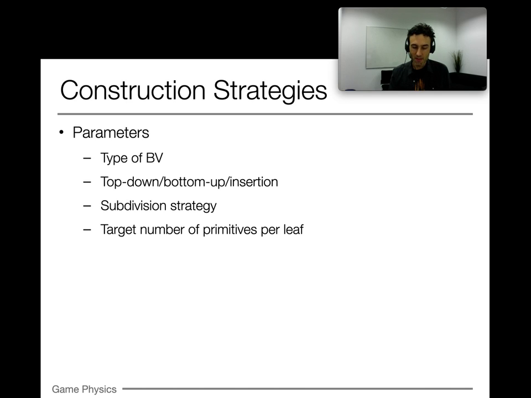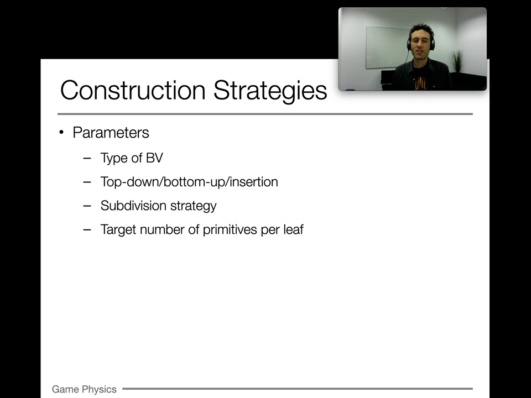It's also worth mentioning that there's a whole range of parameters for these construction strategies. First we have to choose the type of bounding volume, which way to go, top-down or bottom-up, and for these we can also have different subdivision strategies. We take the midpoint of the current bounding volume to try to find a median.